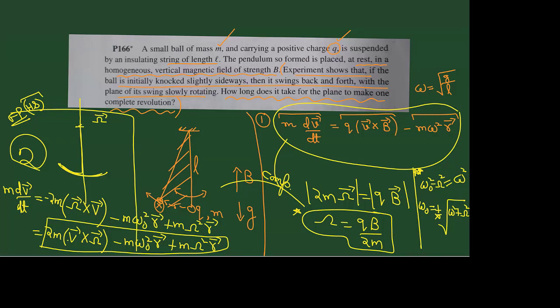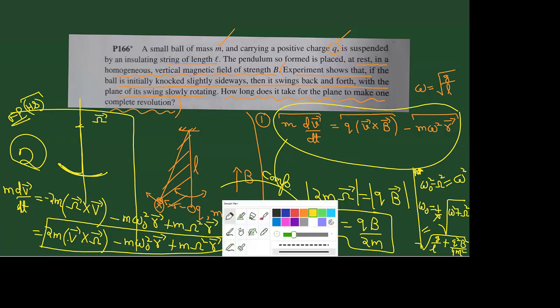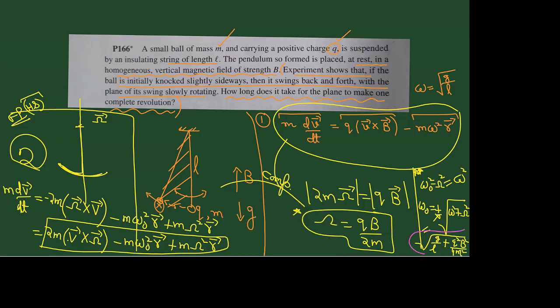Negative is not possible, so basically root of. Remember, this small omega square term is g by L, and this capital omega square is Q square B square by 4m square. Examiner can definitely ask this value of omega naught also in the problem.